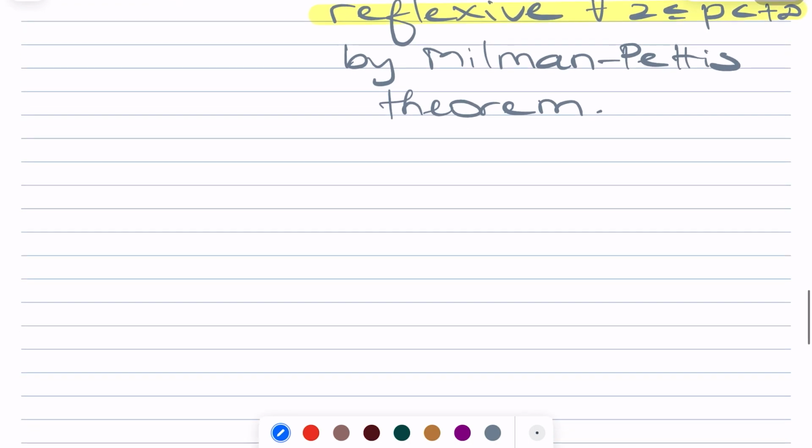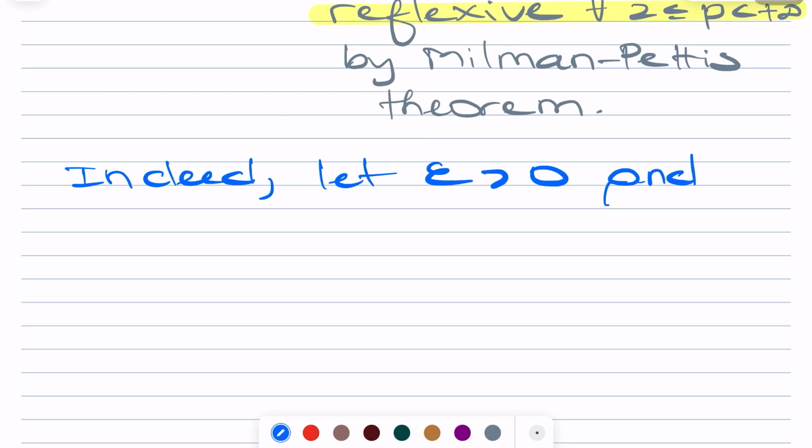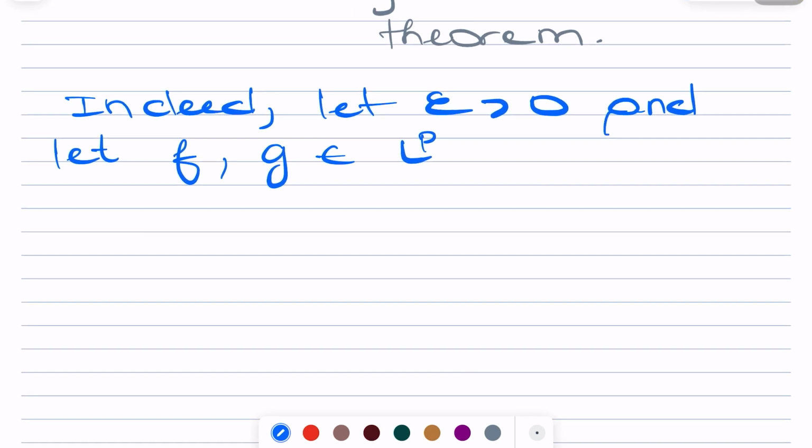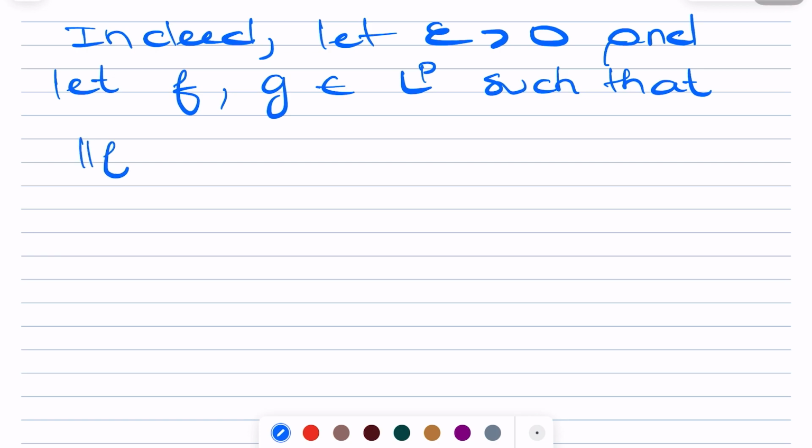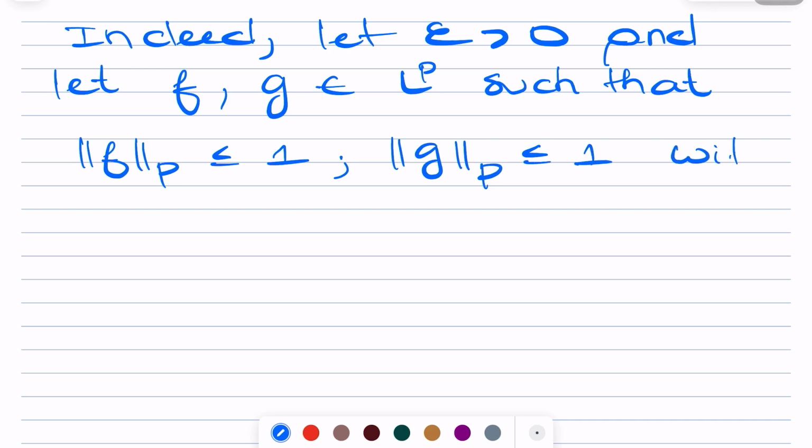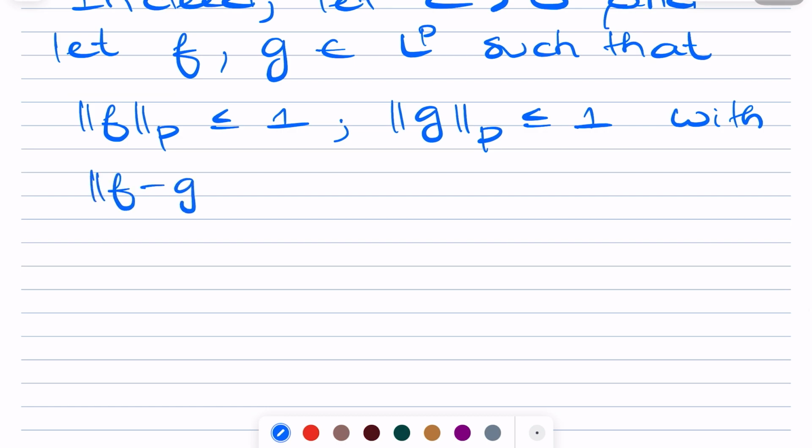So indeed, let epsilon be positive, and let f, g be L^p elements such that the L^p norm of f is less or equal than 1, and the L^p norm of g is less or equal than 1, with the norm of f minus g strictly greater than epsilon.